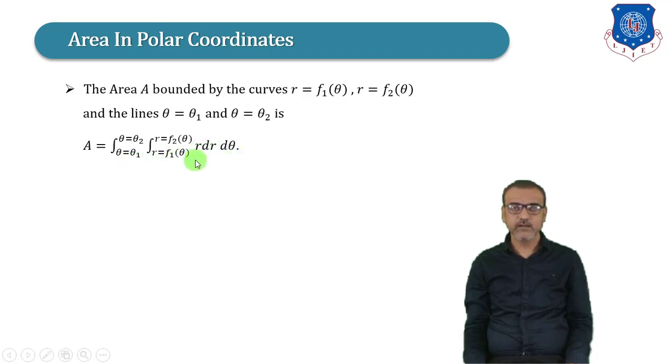So with the help of this formula, we can find out the area bounded by these two curves and the lines theta equals theta 1 and theta equals theta 2.